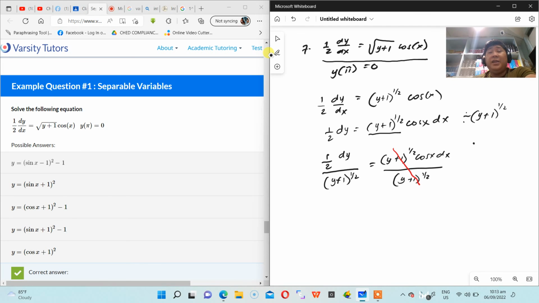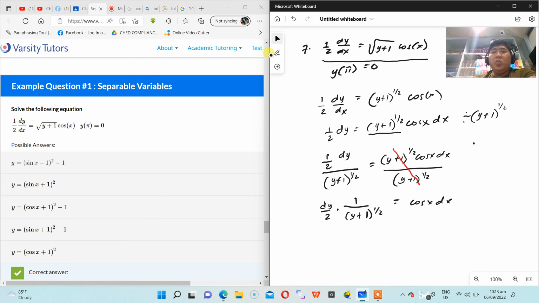This could be like this, or we could have it like 1/2 or dy over 2, di ba? Dy over 2 multiplied by, when you transfer it to the numerator, 1 over y plus 1 raised to the power of 1/2 equals cosine x dx.